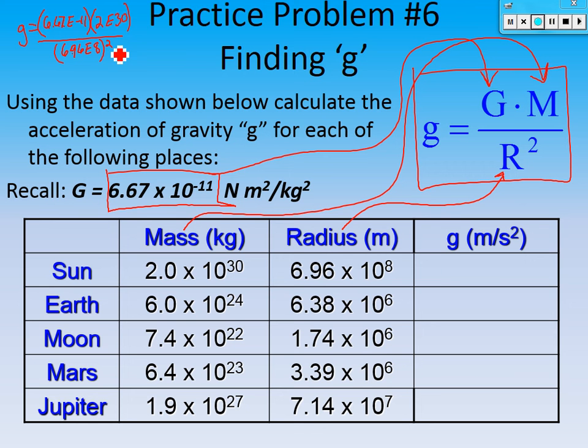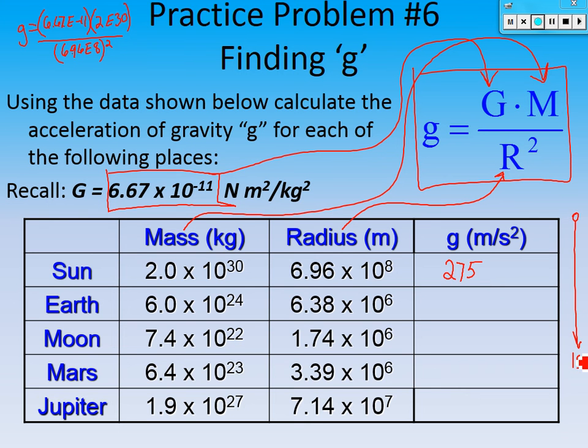Okay, and here's what I get. The acceleration due to gravity on the Sun would be 275 meters per second squared. That is incredibly large for the acceleration due to gravity. Imagine if you dropped something on the Sun, in 1 second later, it's going to have moved 275 meters.